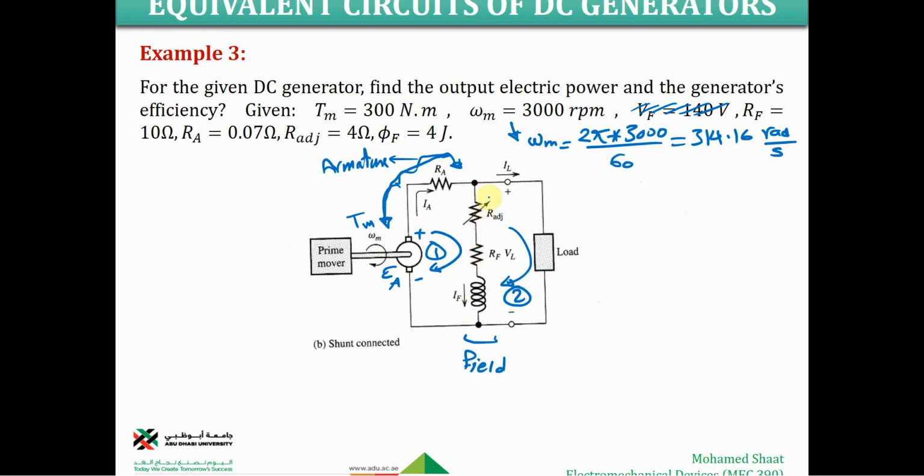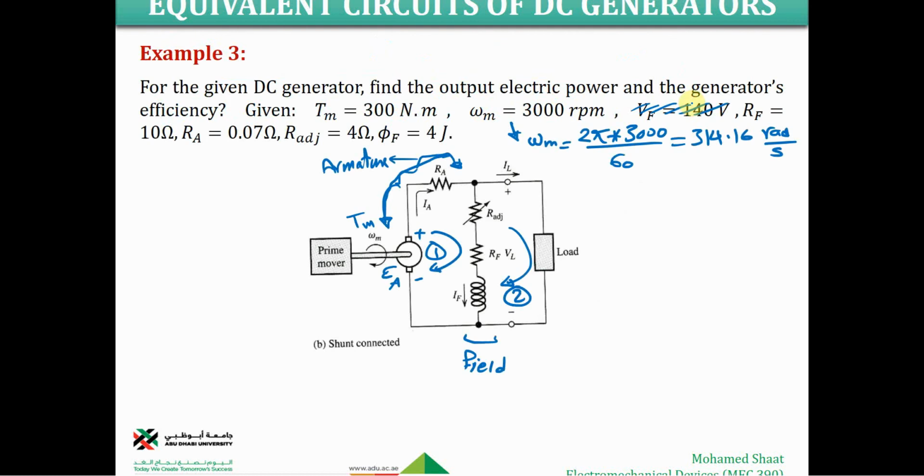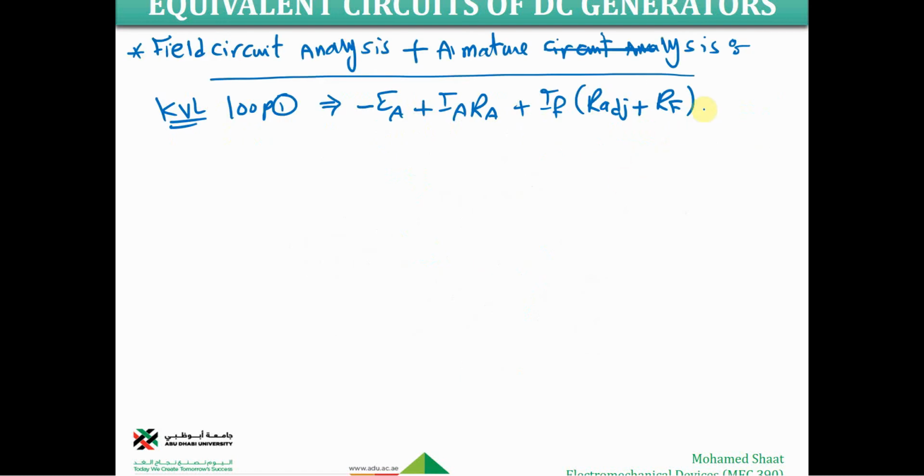So the voltage over these two will be positive, and both are gonna be equal to IF times R adjustable plus R field, right? And definitely we should have a voltage over this term, but assuming that you do have a constant field current through the electrical circuit, it means that the voltage over the field inductance will be 0, and this is gonna give us the first equation for the first loop.